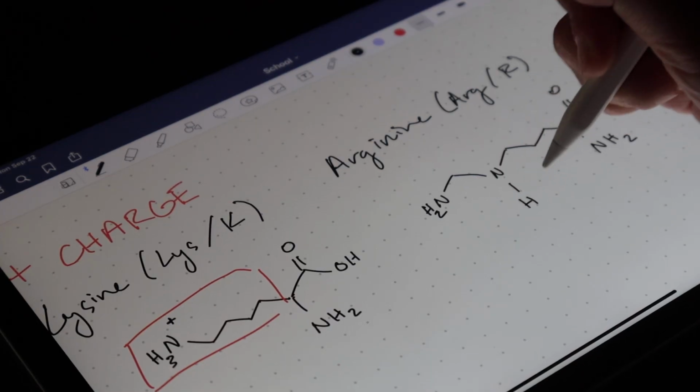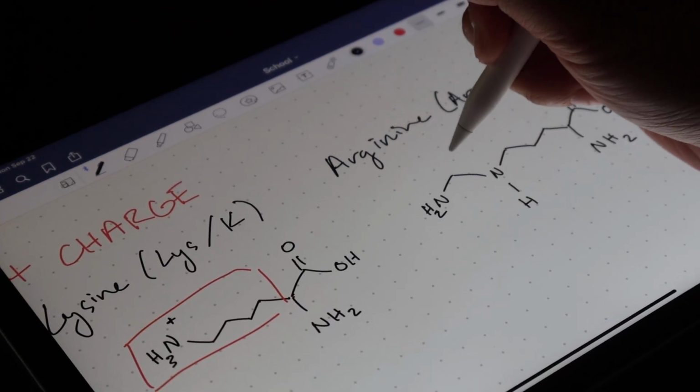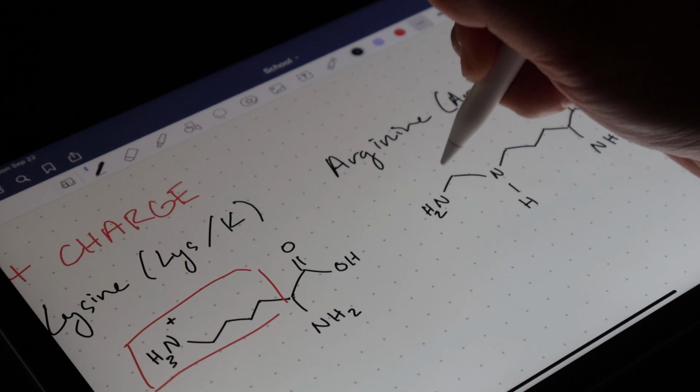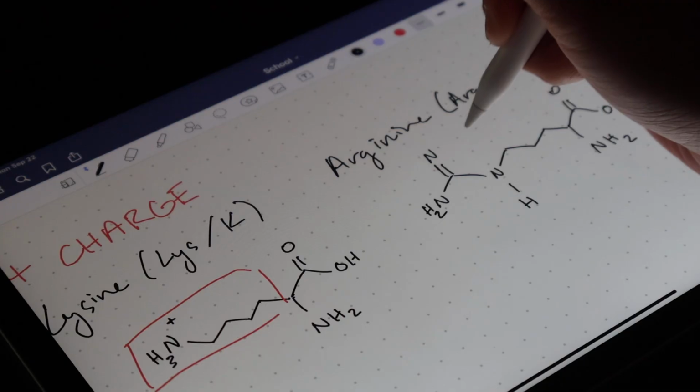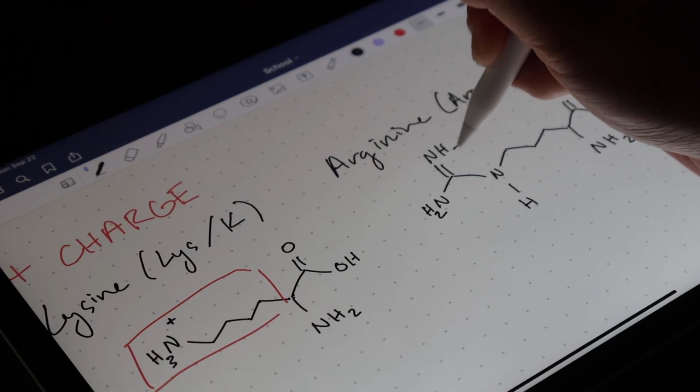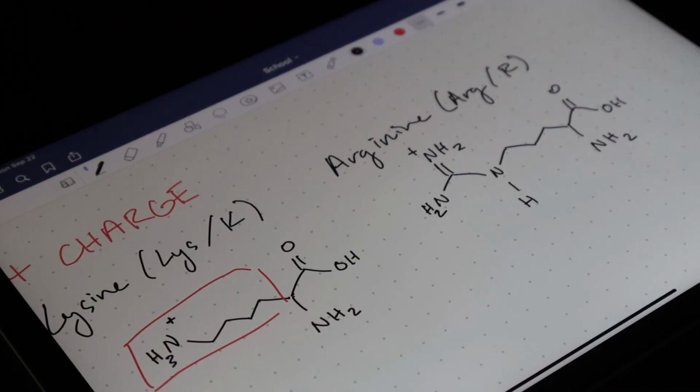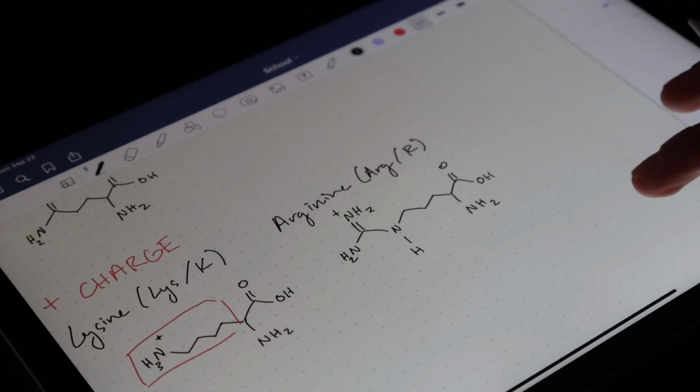This nitrogen has to have a hydrogen on it. And then our last carbon is also double bonded to an NH2 plus. Lots of nitrogens going on, but there's our plus charge again.